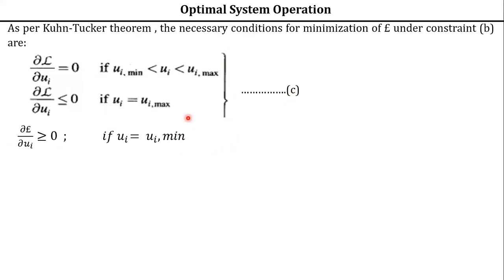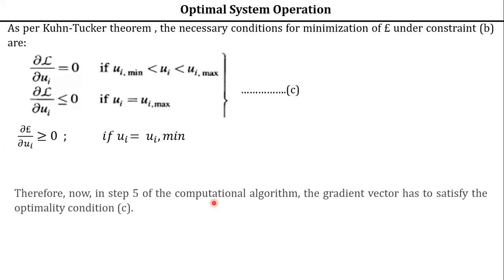These are the three Kuhn-Tucker conditions for inequality constraints on a control variable. Please remember, we are discussing inequality constraints on a control variable. Again, we are going to discuss the same inequality constraints on your state variable at a later stage. Understood?